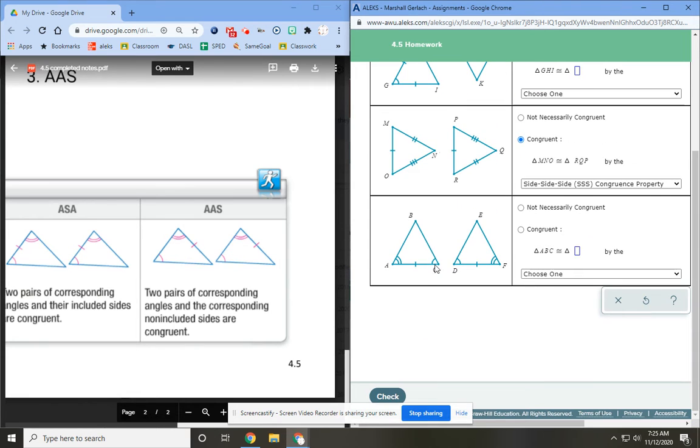The next one, we see angle 1, C, go down side 1 to angle 2, A. We have angle 1, D, going down side 1 to angle 2, F. So this would be congruent as well. We would call that one angle, side, angle.